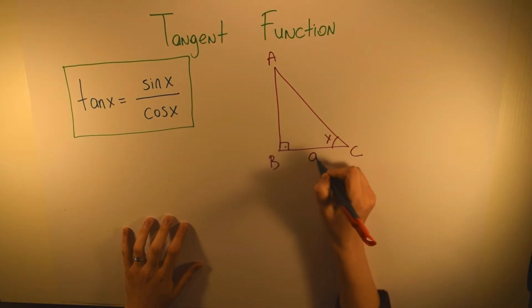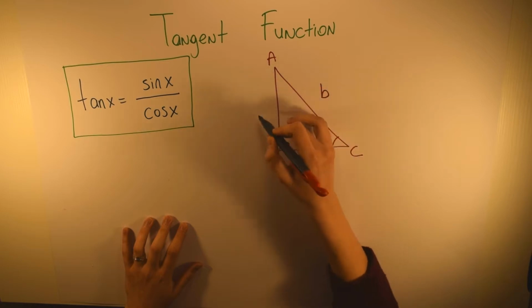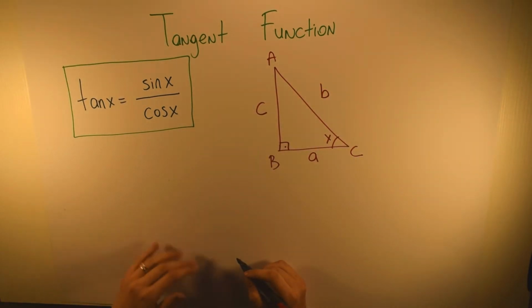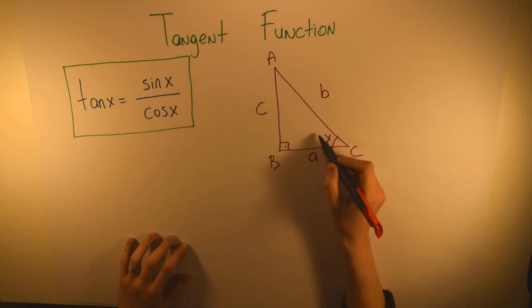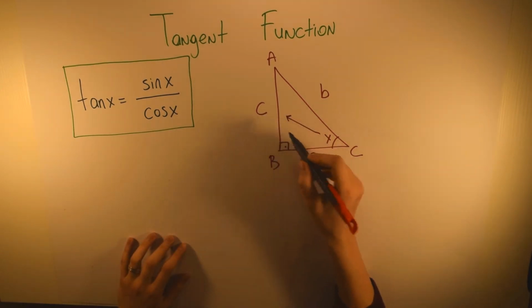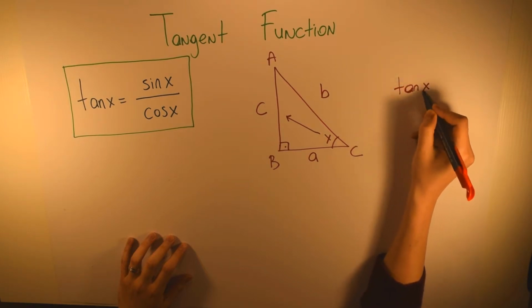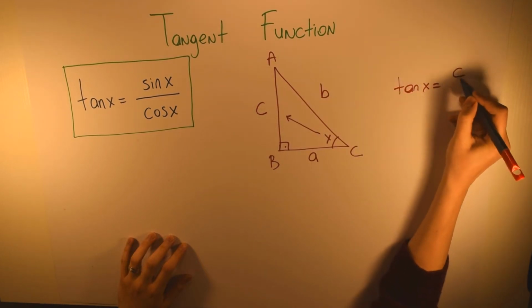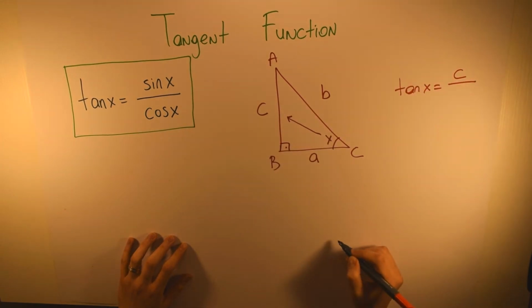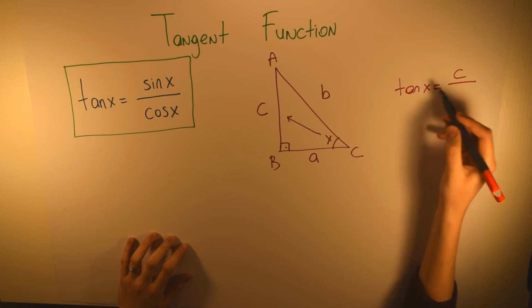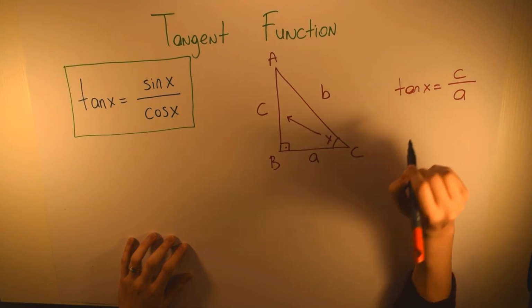Here is the length of A, here is the length of B, and here is the length of C. We know that tangent x is equal to the opposite side over the adjacent side. The opposite side is C and the adjacent side is A, so it's C over A.